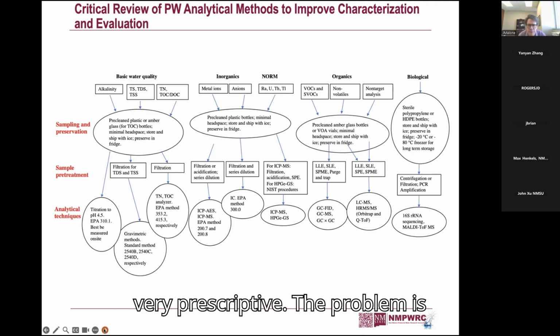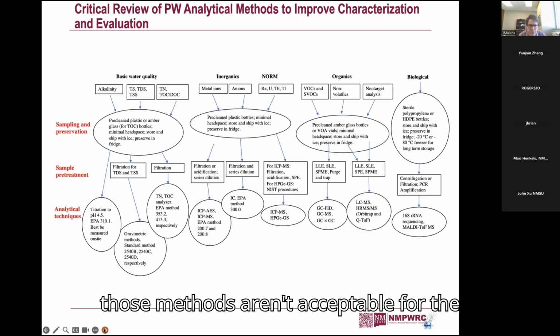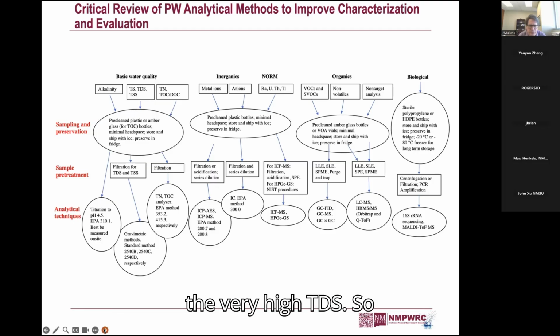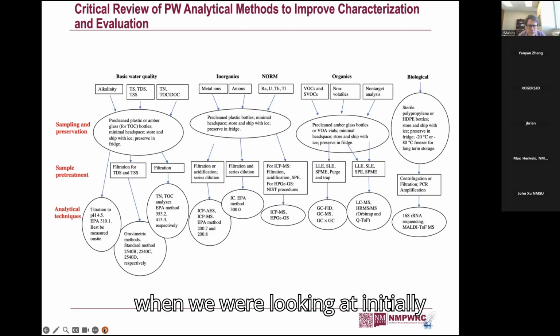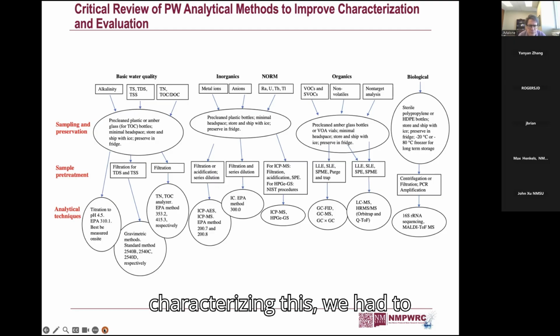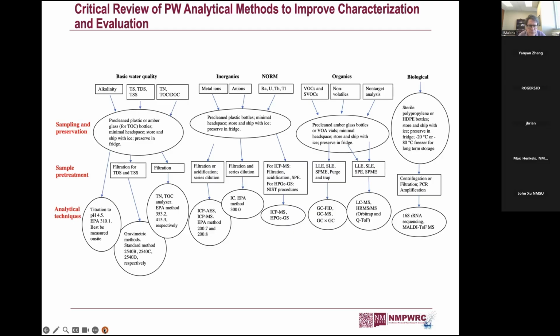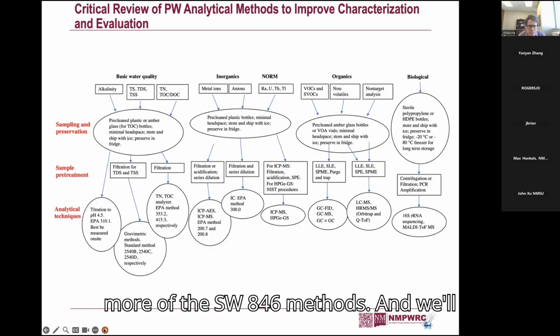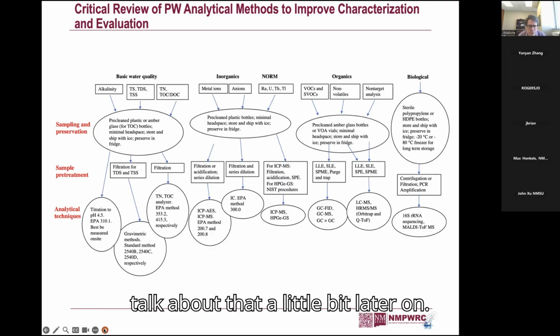They're very prescriptive. The problem is those methods aren't acceptable for the matrix of produced water, specifically the very high TDS. So when we were initially characterizing this, we had to shift gears a little bit and look towards more of the SW846 methods, and we'll talk about that a little later on.